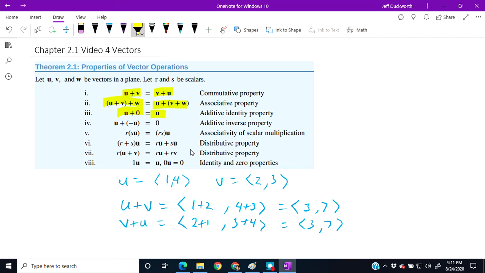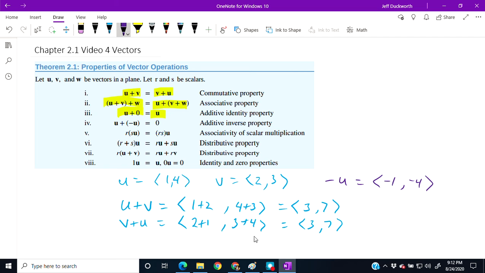The additive inverse will work. So u is 1, 4. Negative u is going to equal -1, -4.